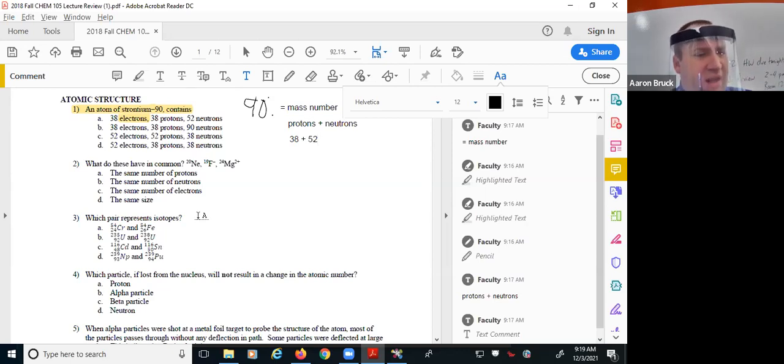All right, let's look at number 2. What do these have in common? I've got neon 20, the fluoride 19 ion, and the magnesium 24 ion.